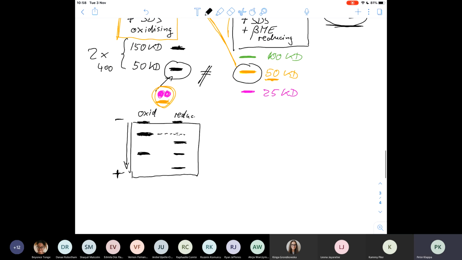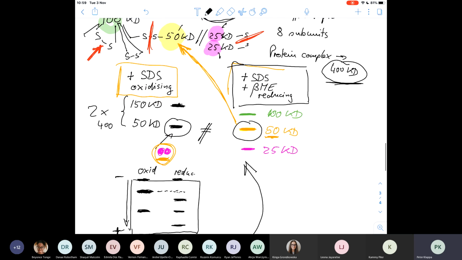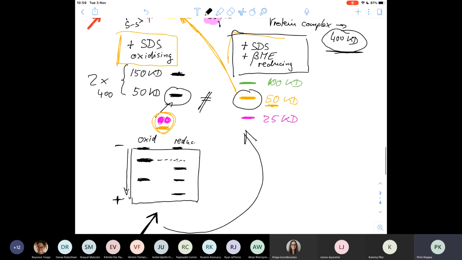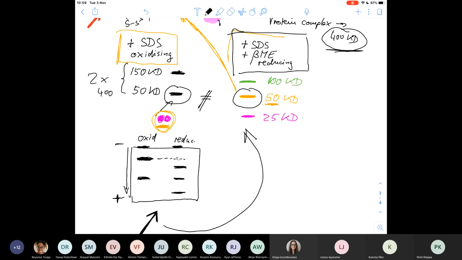And very often when we work with proteins, this is the picture that we get. And now we have to play detective and try and figure out what is the most likely combination of our protein complex. There are a few other methods that we can apply, but that is really the bread and butter of playing detective with proteins. Does that make sense?